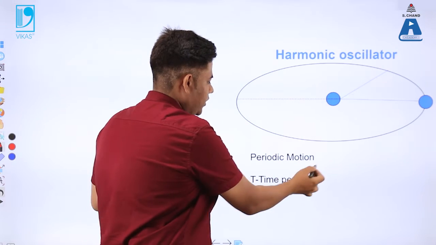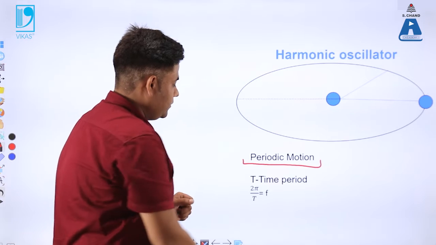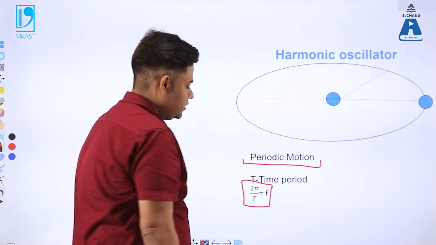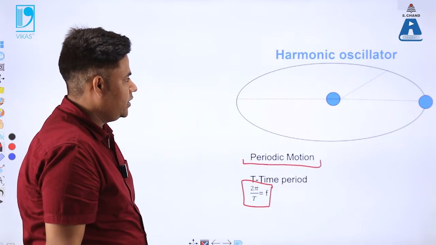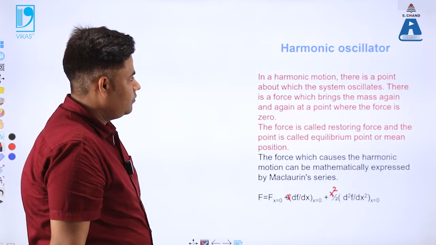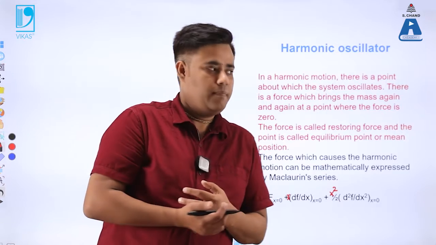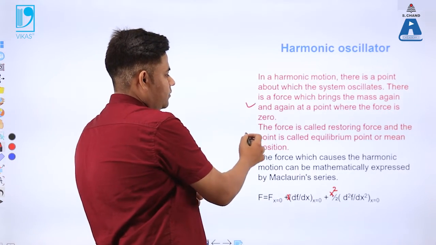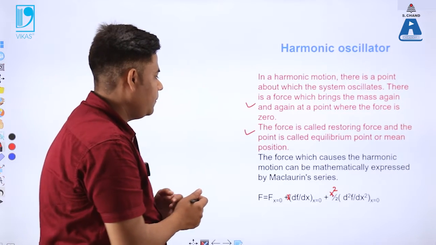It has a periodic motion of rotation, and this periodic motion has a time period associated, wherein the frequency of this motion is 2 pi divided by T. This is the expression associated. I have already explained the restoring force and the mean position or equilibrium position.